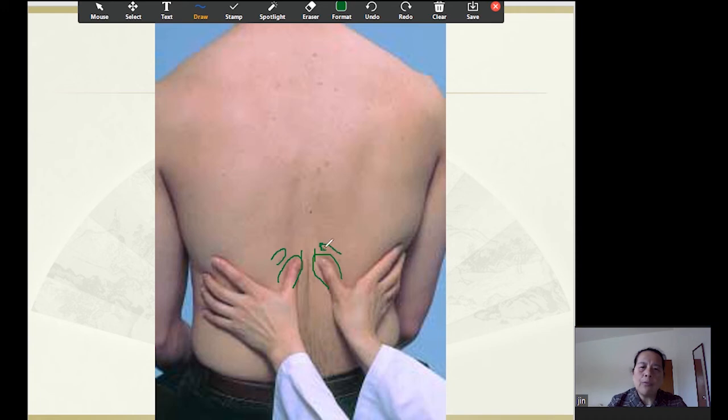If the patient has this kind of movement, and on both sides the moving distance is the same, that will be normal.